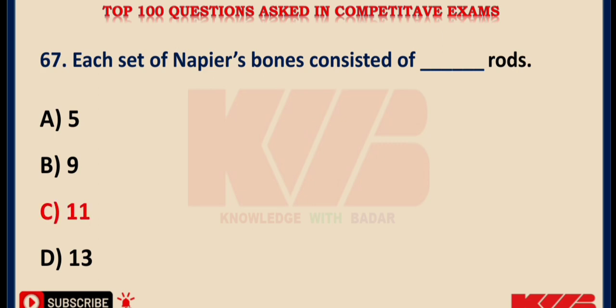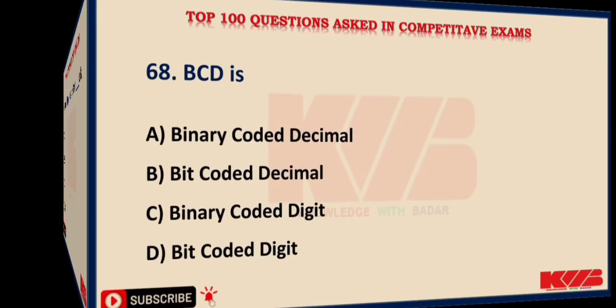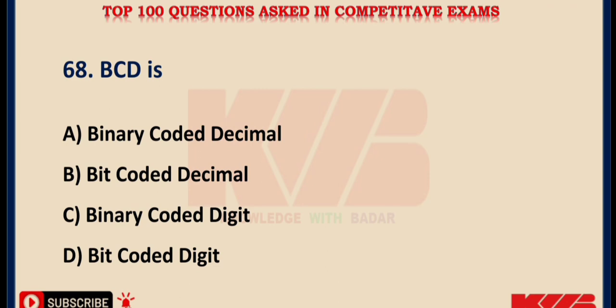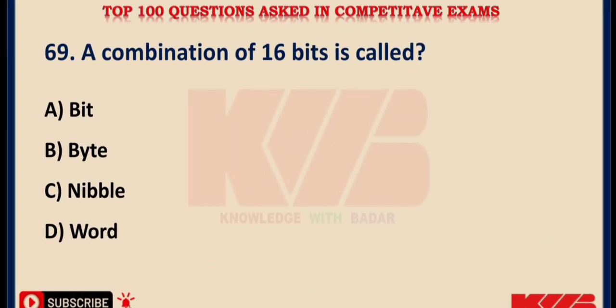Yes, it consisted of 11 rods. BCD is binary coded decimal, bit coded decimal, binary coded digit, or bit coded digit. Yes, it was a binary coded decimal. A combination of 16 bits is called bit, byte, nibble, or word. Yes, it is called a word.